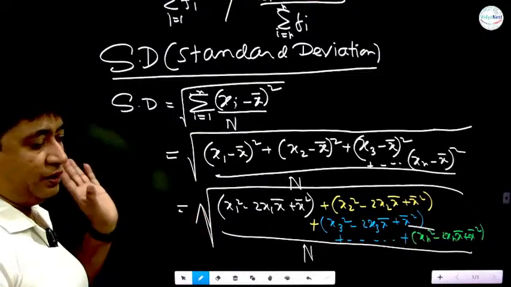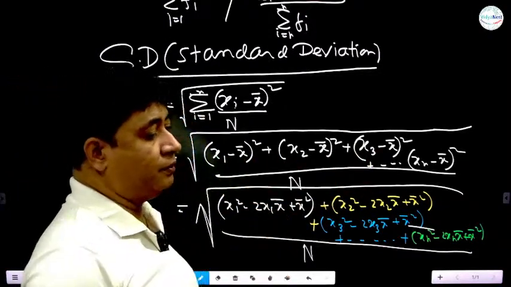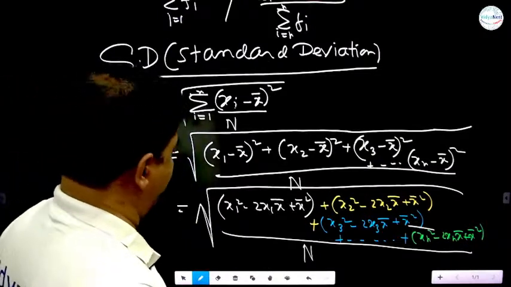Hope you could follow this. Each whole square term is expanded with the basic formula of yesterday's a minus b whole square.